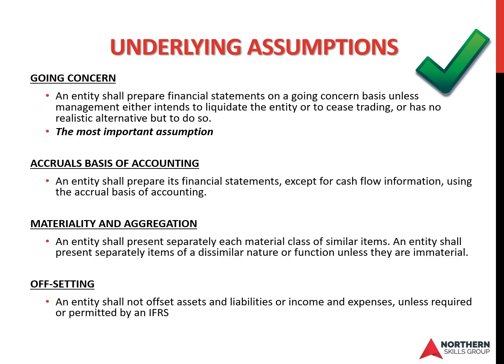So 4 underlying assumptions that people looking at financial statements will always assume have been applied in the preparation of those figures. Going concern, the accruals basis, material items shown separately, and no netting off of assets and liabilities.